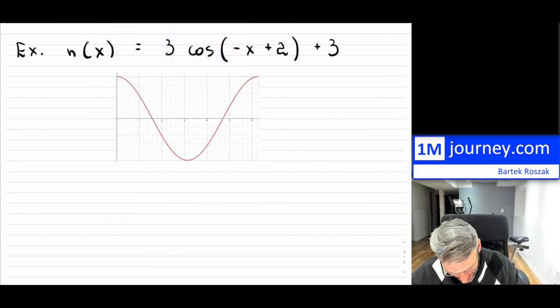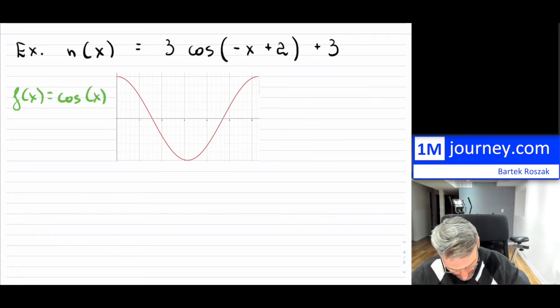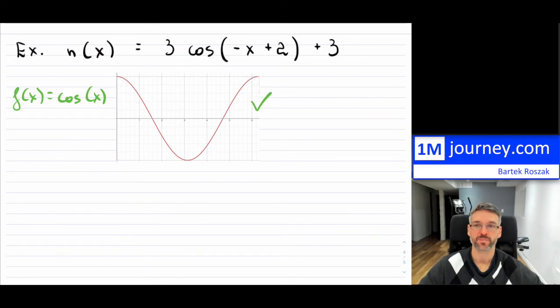In this case, we're starting with cos of x, which is this. No different. And by the way, if you really want, you can see that sine of x and cos of x is kind of just a translation by 90 degrees of sine or cos, and then you're going to come up with exactly the same thing. And maybe I'll point that out shortly.